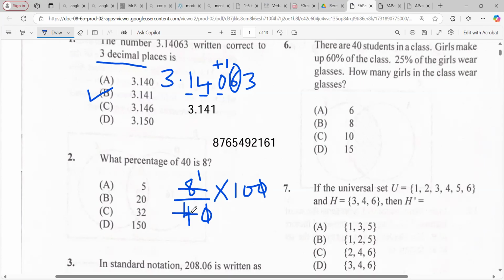Oh, so we cancel off the 0 already. Alright, hold on. 8 into itself, 1. 8 into this, 5. 5 into this, 1. 5 into 100 goes 20 times. So that would have been 20%. So our answer would have been B.